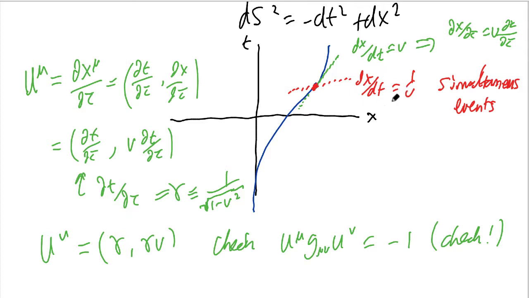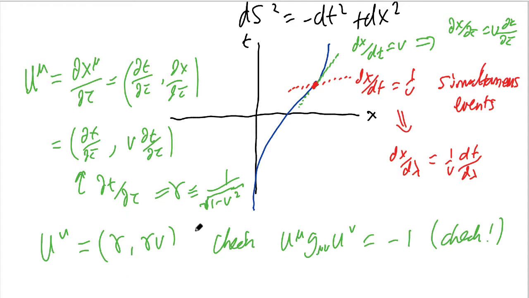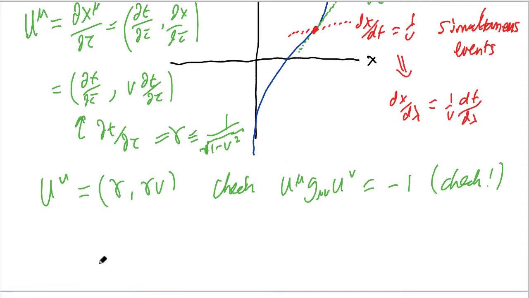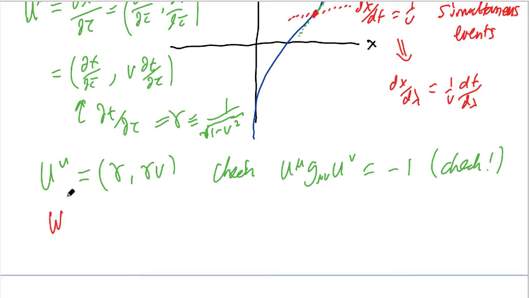Now, what about this set of events? This set of events tells us that if we parameterize the points along this curve by some parameter lambda, then dx/dλ is 1 over v times dt/dλ. So we can construct a vector, call it w, that points along the direction of the simultaneous events.